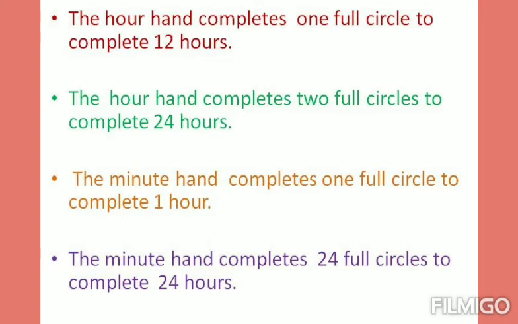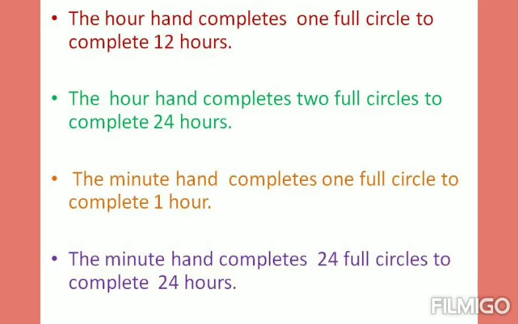Let us imagine the hour hand is at 12. If it completes one full circle, then the hour hand will move to 1. So 1 hour has passed. Similarly, if it completes another round, then the hour hand moves to number 2.